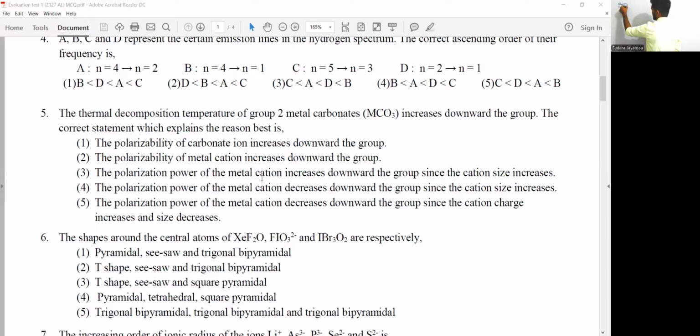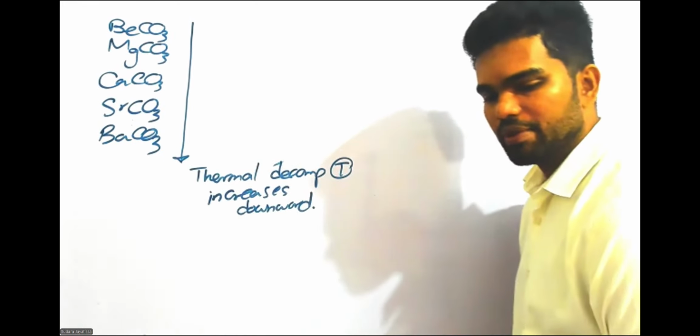And it says the thermal decomposition temperature increases downward the group. They are asking for the explanation. So let me tell you the full theory of this one, in case you have forgotten it.